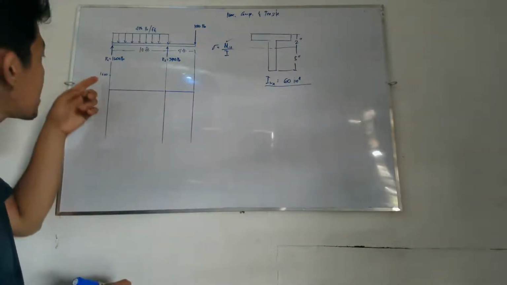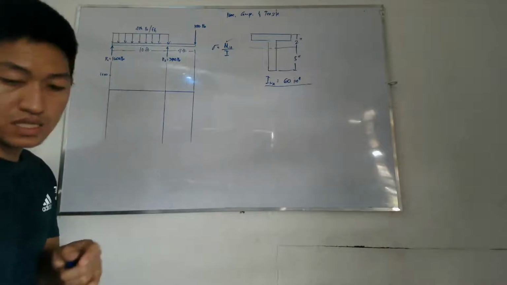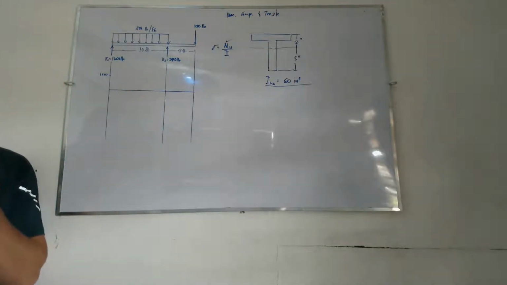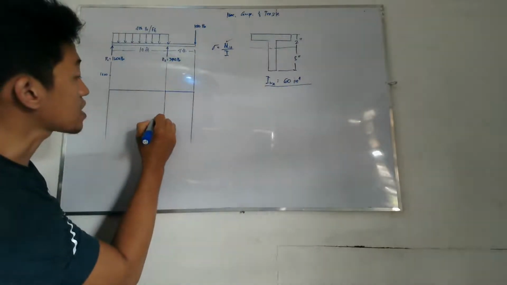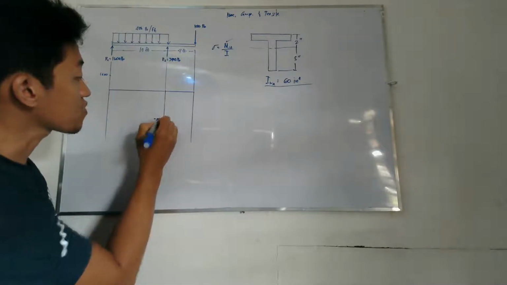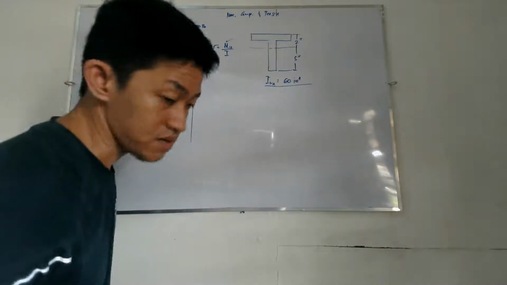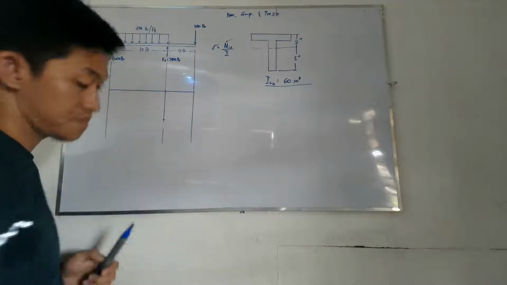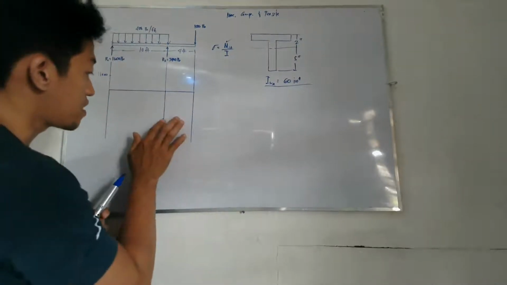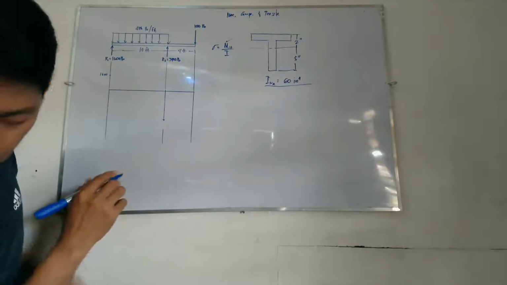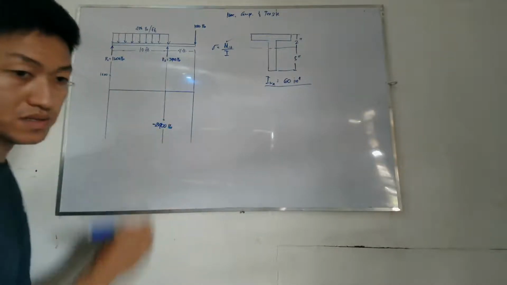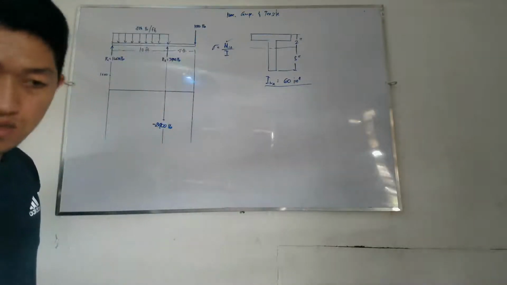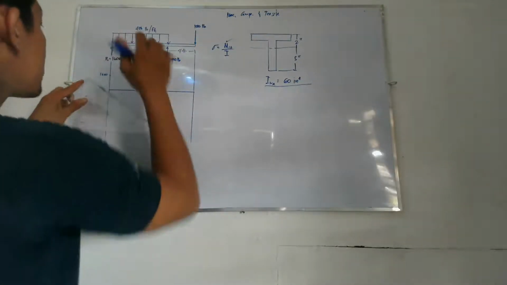So ang 4,000 minus 1,600 is pila man na? Negative 2,400 pound. Klaro?